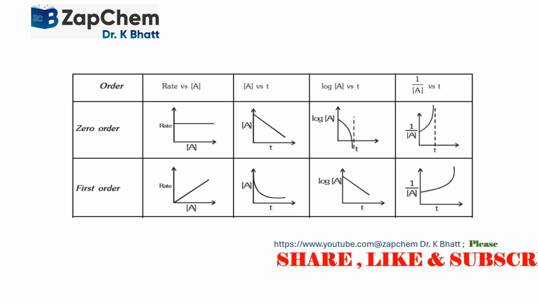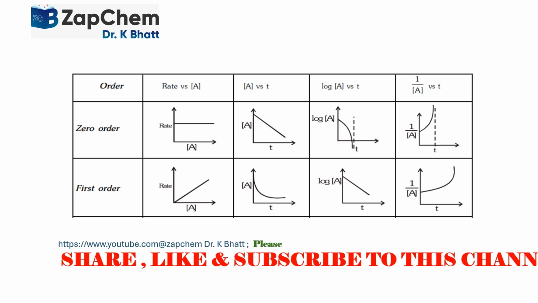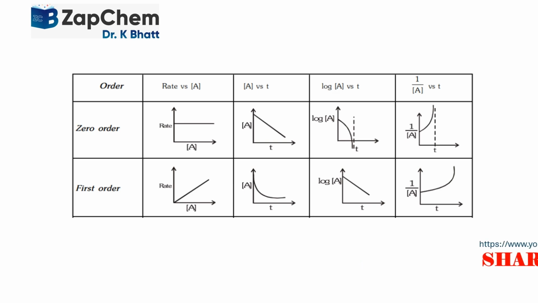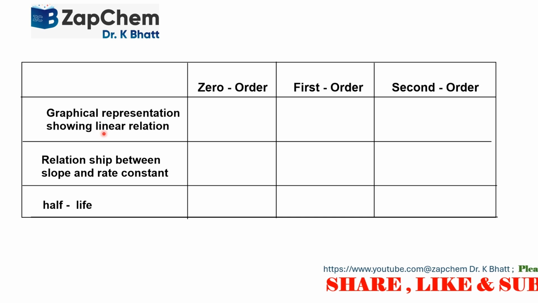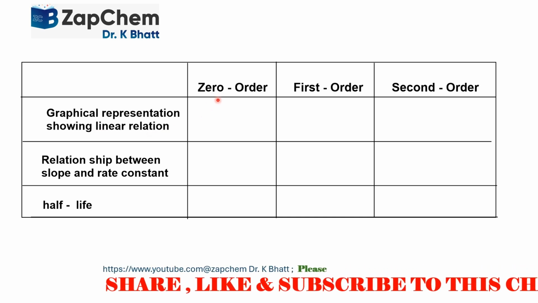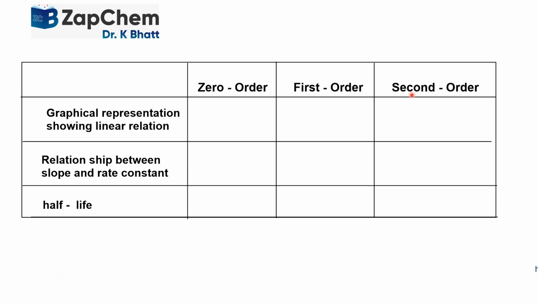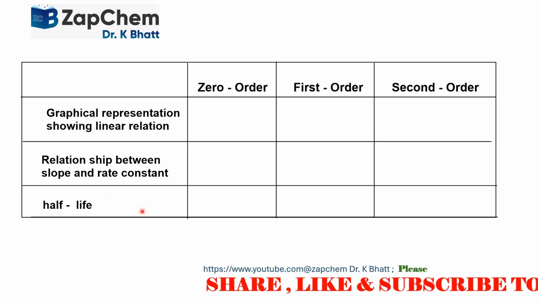Over and above, there are certain other details which might help you in various competitive examinations, and these variables are here. Graphical representation showing linear relation for zero order, first order, and second order. The relationship between slope and rate constant, and also the half-life period.